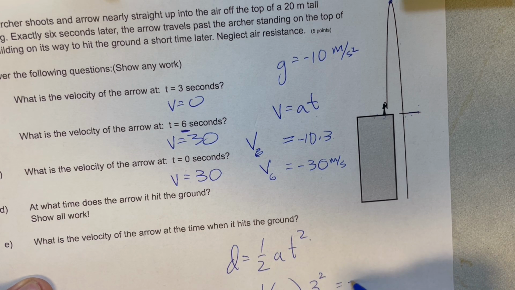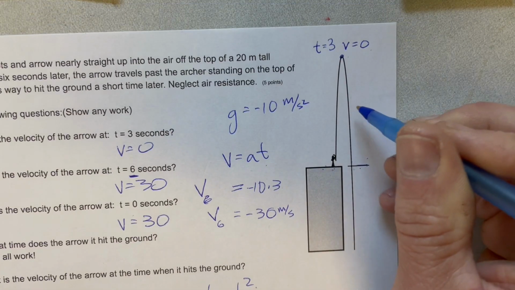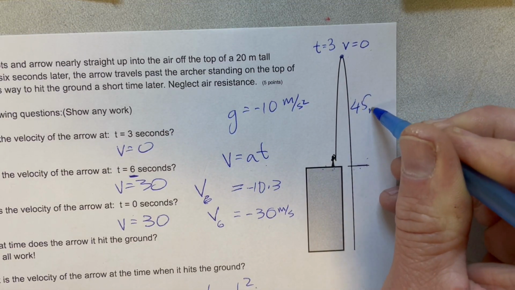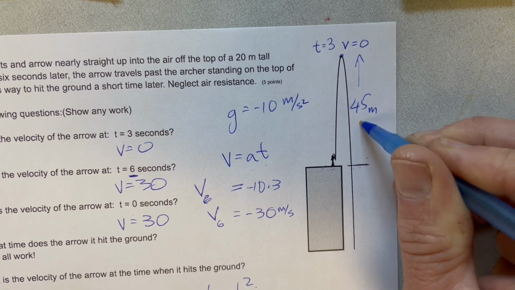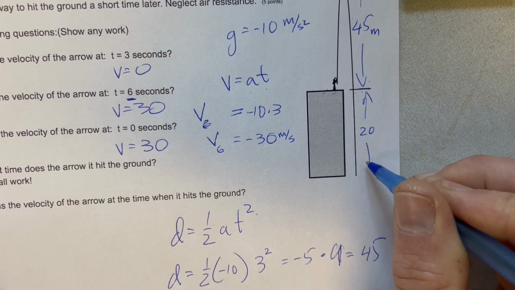So that's going to be -5 times 9, and that's -45. So it's fallen 45 meters, be careful, it's in meters, to right there, and it's going to fall an additional 20 meters to right here.